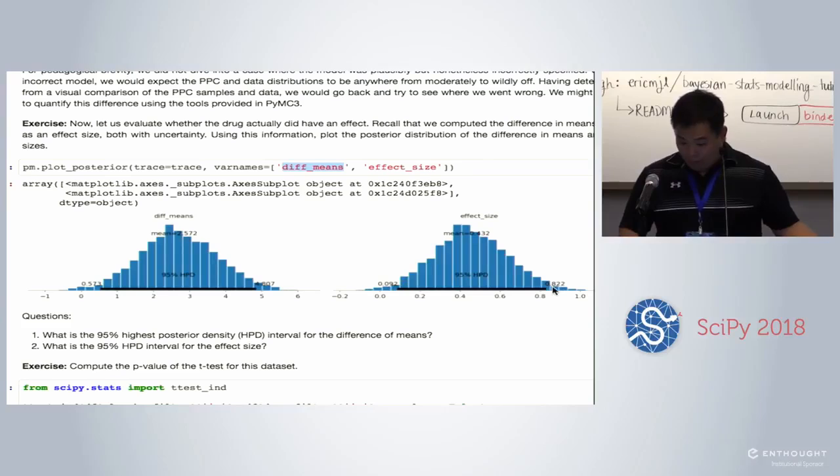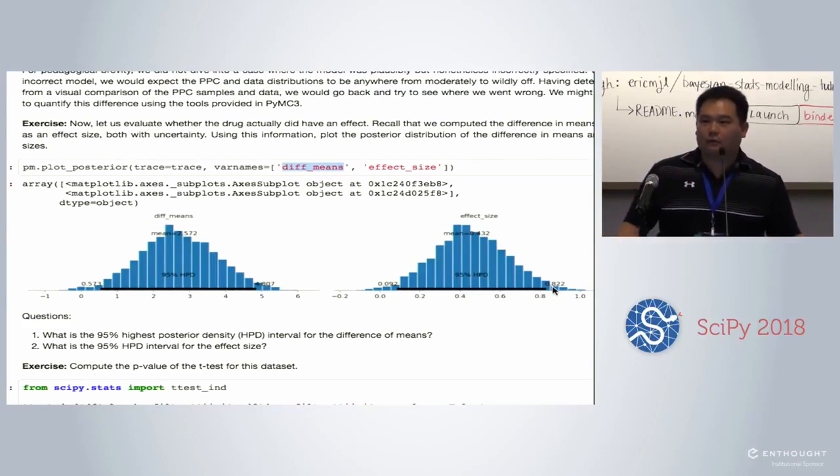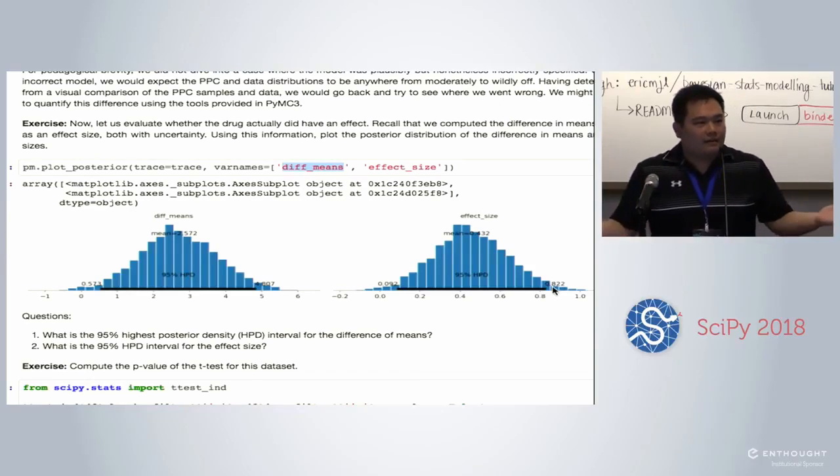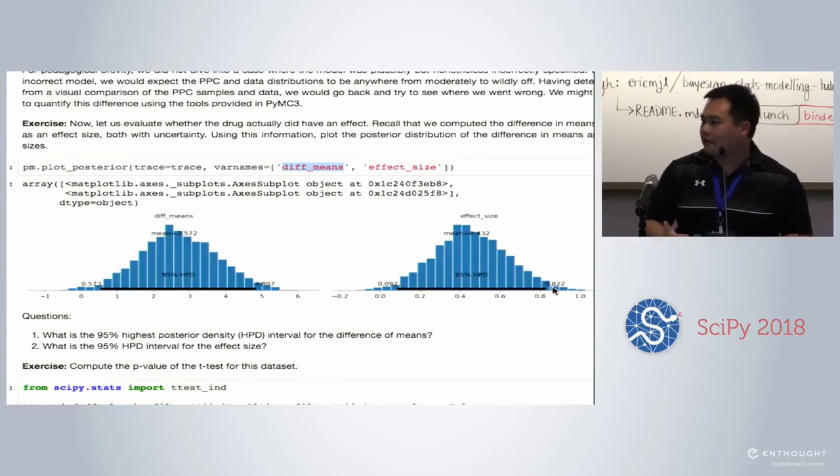It is 0.092 to 0.822. We practically have no information to decide whether this thing had any effect or not, had a small effect or a large effect. So again, practically speaking, we can't make a decision off of this data set, right? We can't say whether this drug actually had a big effect or a small effect. It could be anything, right?